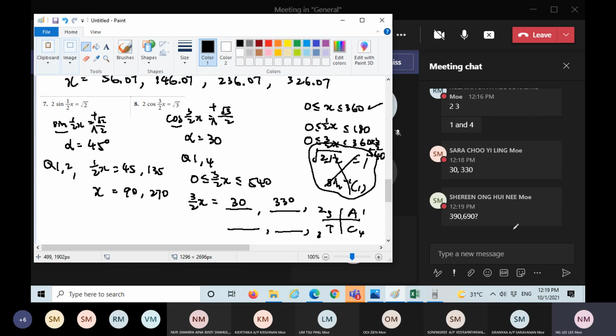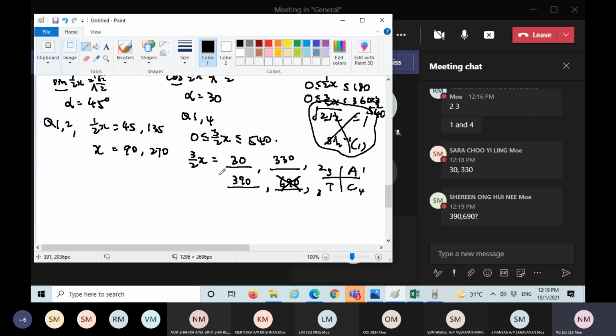Okay, she says 390. She used the first answer plus 360, so get 390. And this one, 330 plus 360 gets 690. You see the 690 is out of this range already, so you don't put the fourth answer. This is how you make use of the range. So you only have 3 answers.